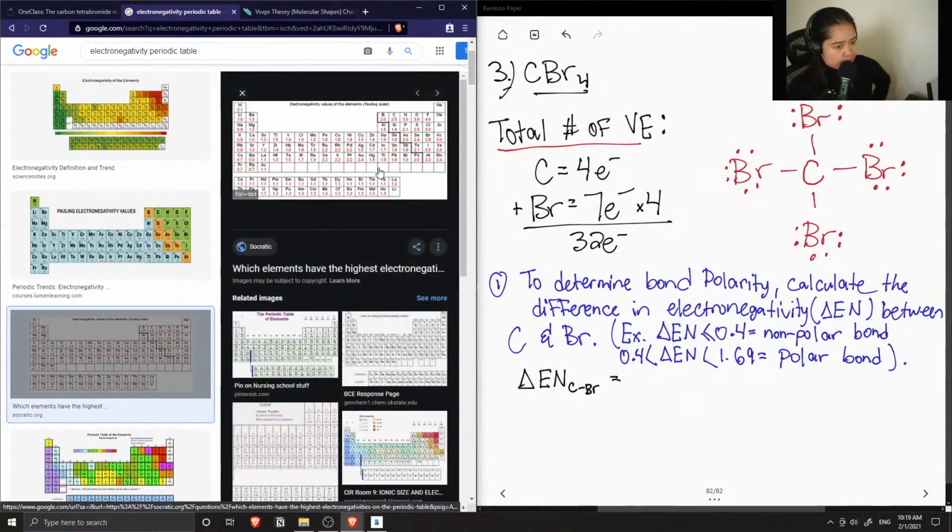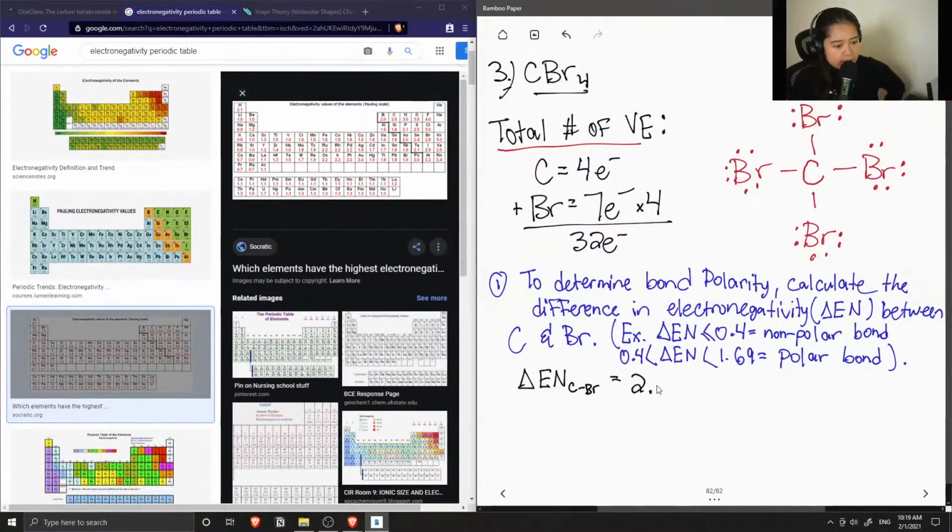And we'll see that bromine only has an electronegativity value of 2.8, and carbon's electronegativity is 2.5. So the difference is only 0.3. So therefore we have a nonpolar bond.